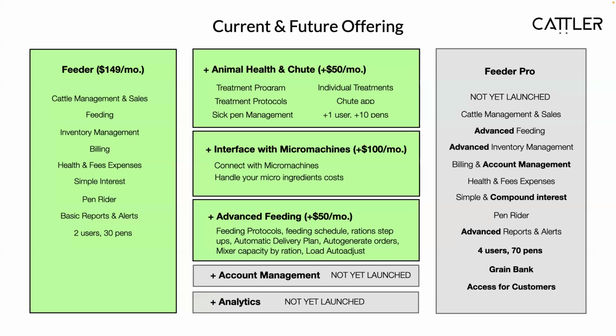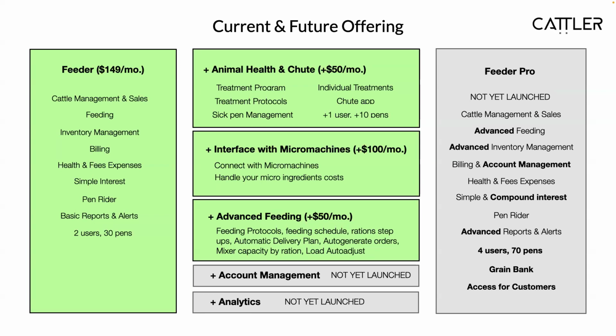As you can see on the right, for the Feeder Pro, there are things that are already there, but there are still things that we haven't yet launched. For instance, the advanced inventory management, certain advanced reports and alerts. But for the rest, account management is already there. Well, will be already there perhaps next week, hopefully.